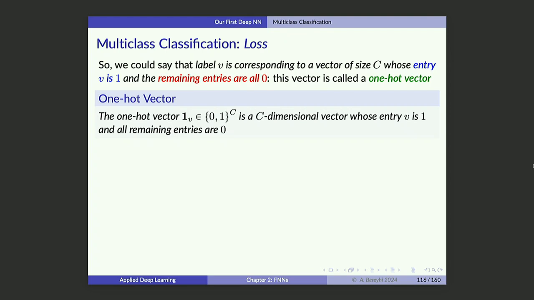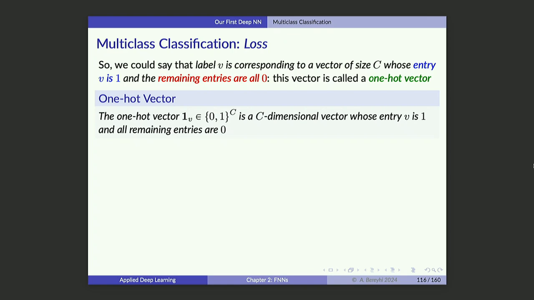And what do I mean? I mean that this is a vector of the same dimension as the number of classes that you have, this number C. And any entry in it is 0, except the entry whose index is V. Now, for example, say my number of classes C equals 3. Then for any one-hot vector 1_V, what is the dimension of this vector? 3. So it's going to have 3 entries. All of them are 0 but one of them.